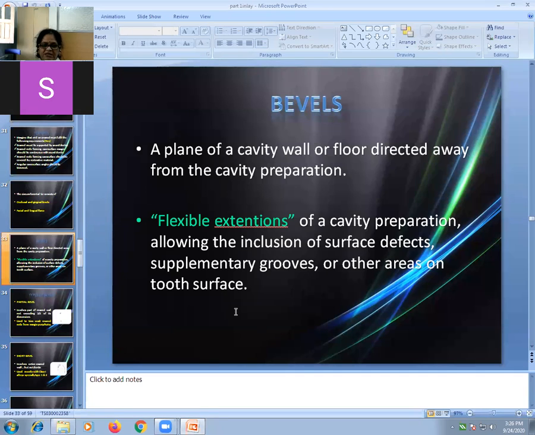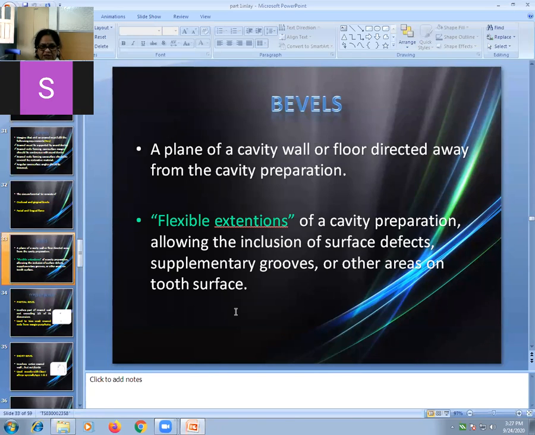So what does the bevel mean? We will see the detail later, as the time is going to finish. It is the plane of the cavity wall or floor directed away from the cavity preparation, at the cavosurface margin. What is the cavosurface? It is the junction of the cavity and the external surface of the tooth.